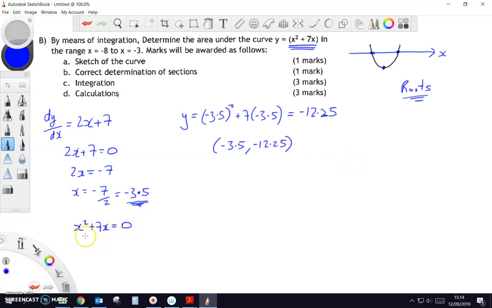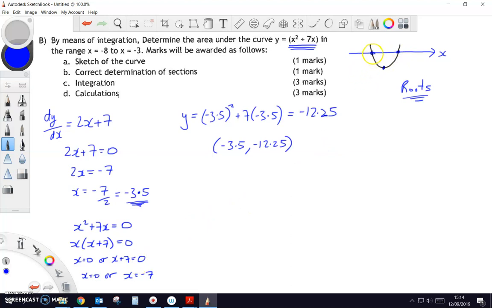We're going to solve that now, so we can factor out the x here. x times (x plus 7) equals 0. So in this type of setup we can say that x equals 0 or x plus 7 equals 0. So x equals 0 or x equals minus 7. So these are our 2 values of x where our graph cuts the x-axis.